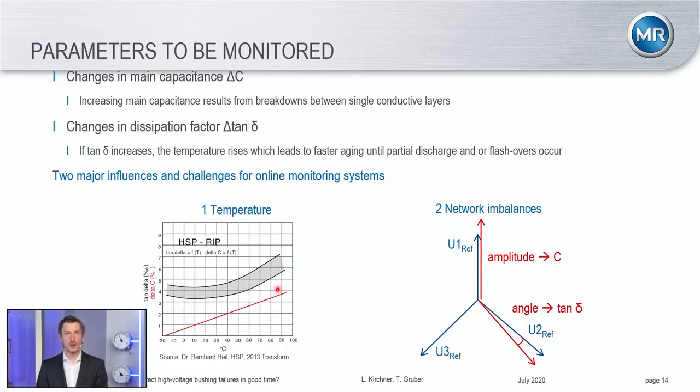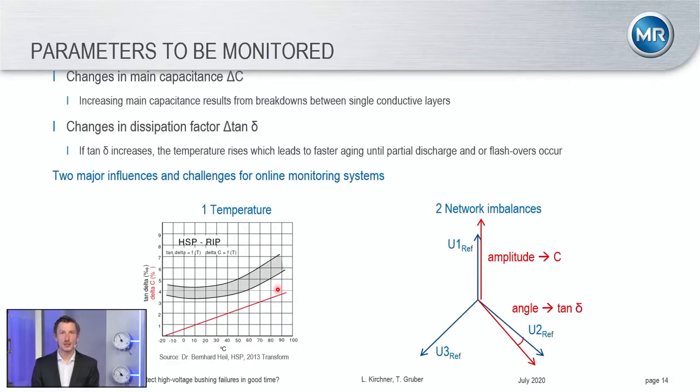Both critical values that you need to monitor on a bushing, either the capacitance or the dissipation factor, change quite severely with the change of the temperature. So when you have different operating temperatures, you need to make sure that you always apply the right algorithms to assess the condition of the bushing and not have the temperature influences, so that you might get false alarms.